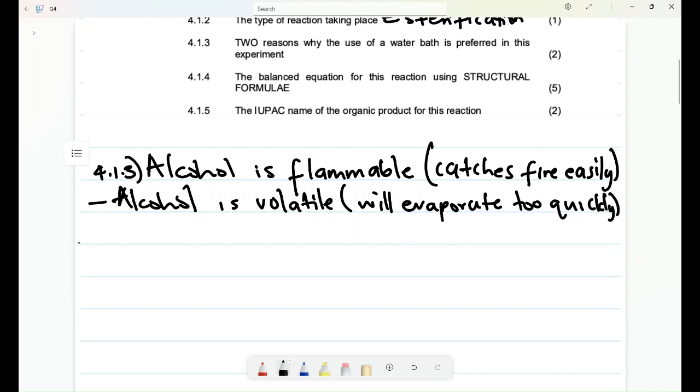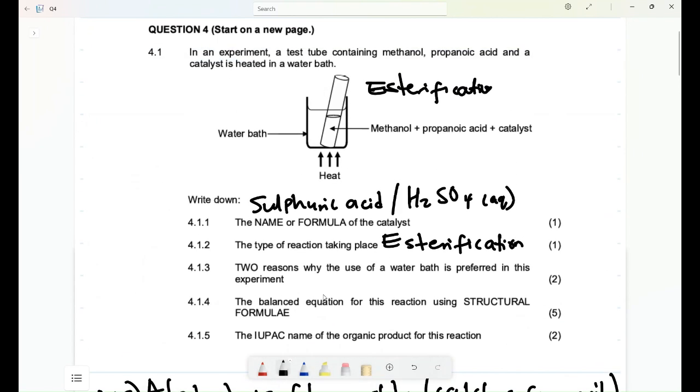The third one is even distribution of heat. Remember, even means equal, not even numbers and odd numbers in mathematics.